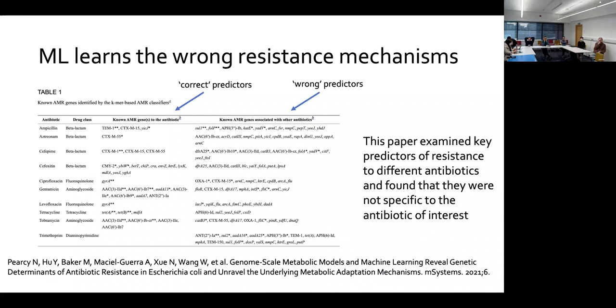Okay, so I mentioned a great way to predict resistance to one antibiotic might be to learn to predict resistance to another antibiotic. There is evidence to suggest that this is going on.